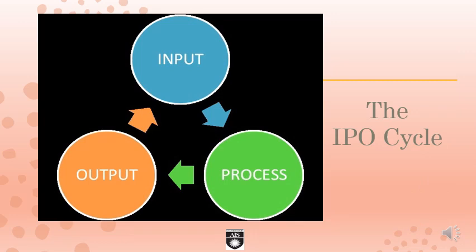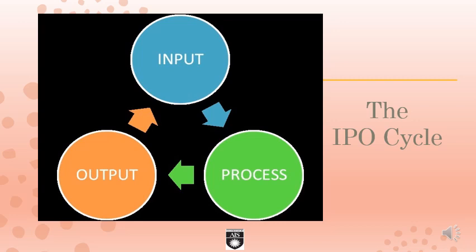Now children, let us know about a very important feature of a computer, which is the IPO cycle. The full form of IPO cycle is input, process, output, cycle. I shall repeat for you.